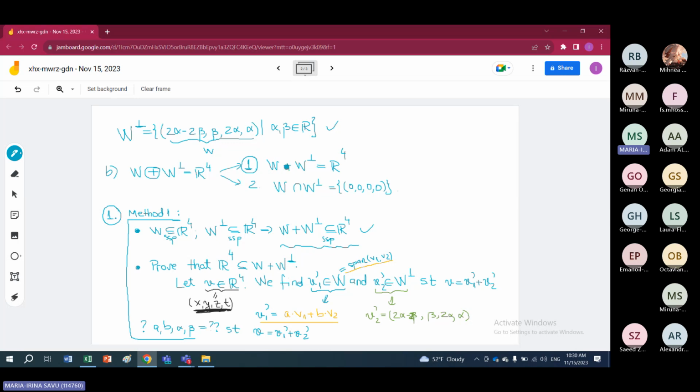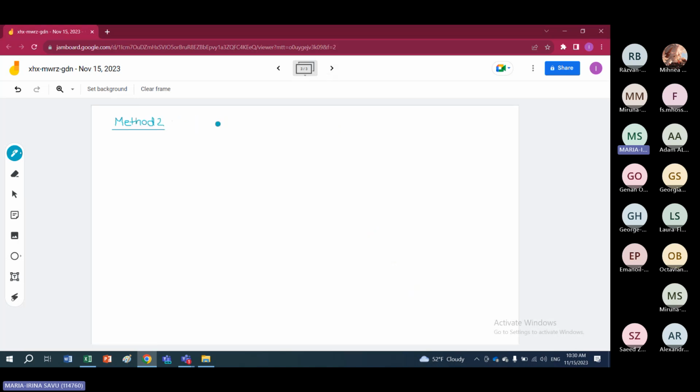So with a basis of W and of W perpendicular, you could take a look at the set with all the elements from both bases and prove that the set is actually a basis in this space. So now the first step is to find the basis in W.